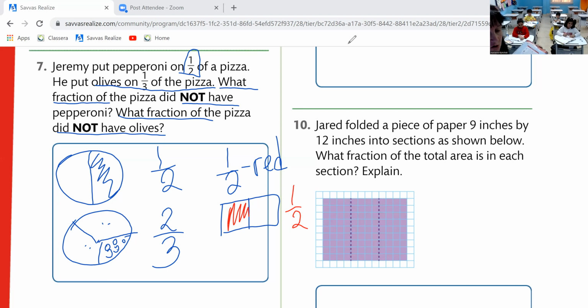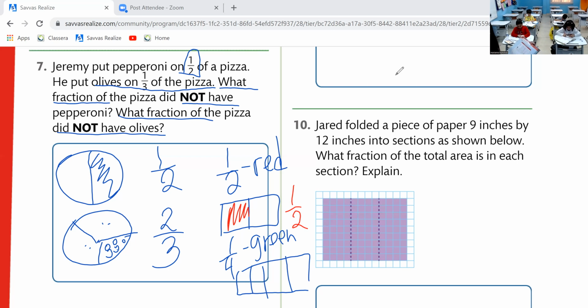Also it tells you that 1 out of 4 of the collection is green. So you draw a picture with how many parts? 4. And 1 is green.